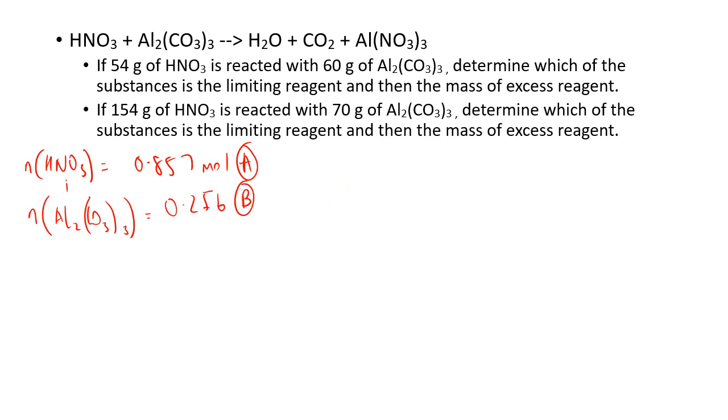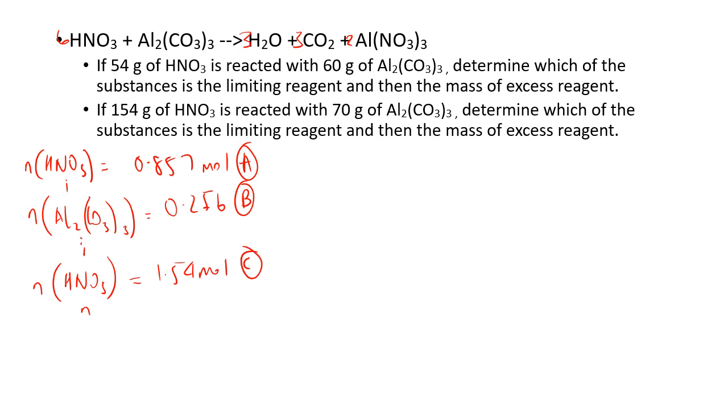You should also know that this balanced is 6, 3, 3, and 2. So we can work out the number of moles of HNO3 needed, which will be equal to 1.54 moles, which we'll call C.